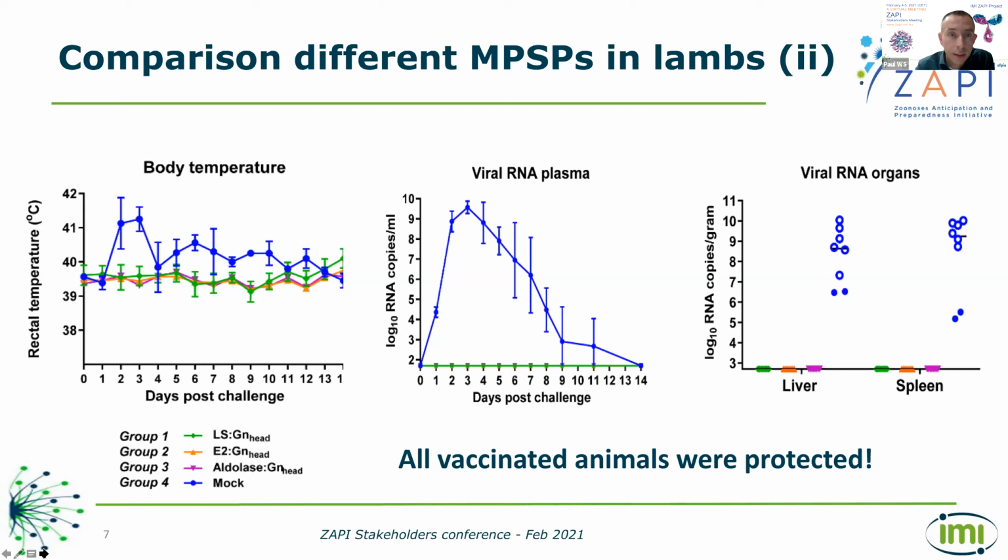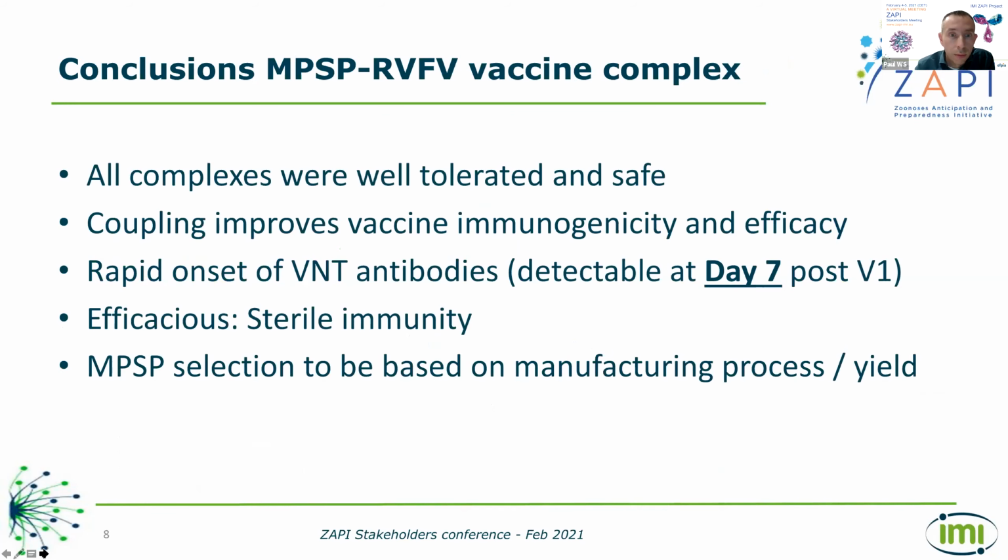Next slide. To conclude, we can say that all MPSPs, or all complexes, were well tolerated and safe. We did not observe any side effects following vaccination. We showed in the first experiment that the coupling improves vaccine immunogenicity and efficacy, and Jeroen a few hours ago presented data about the mice experiment, but this is with lambs, which are natural target species.